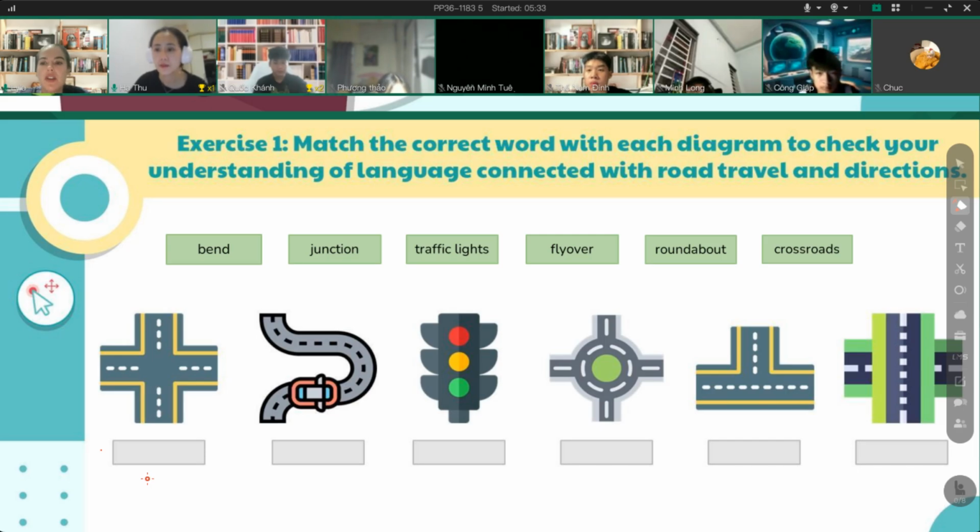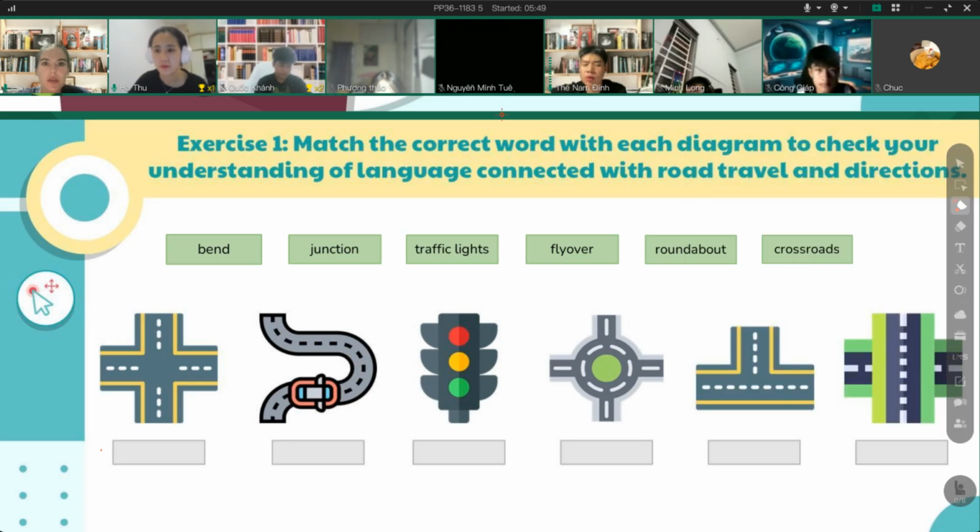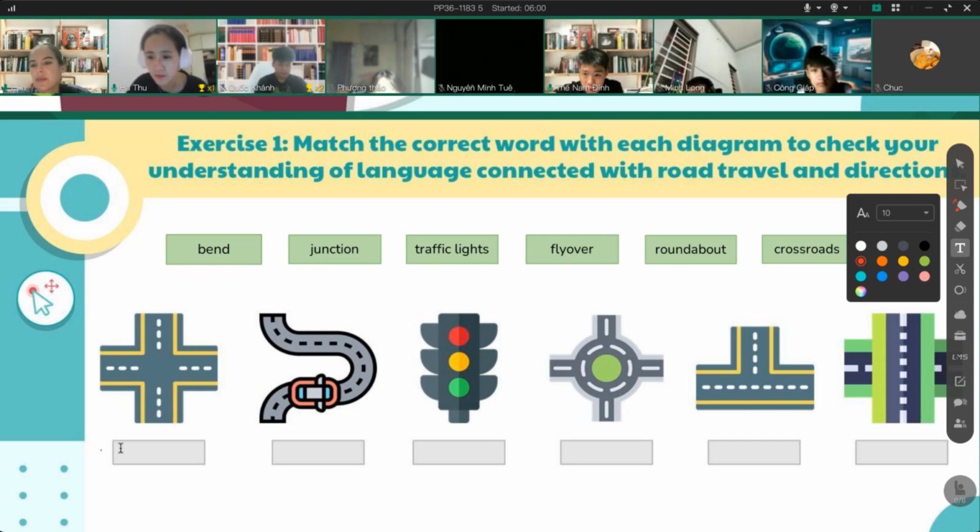Okay. So please tell us, what do you think is picture 1? You can type it in the chat. Picture 1 is crossroads. Okay, thank you. Hatu also told me in the chat now. Picture 1 we said is crossroads. Let me just type it in there.